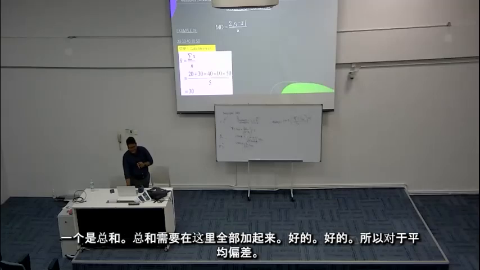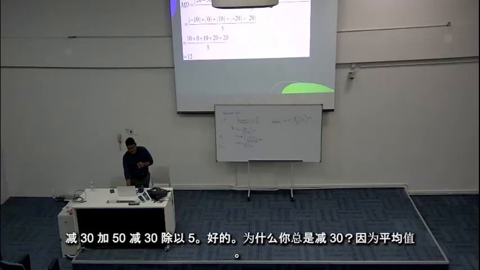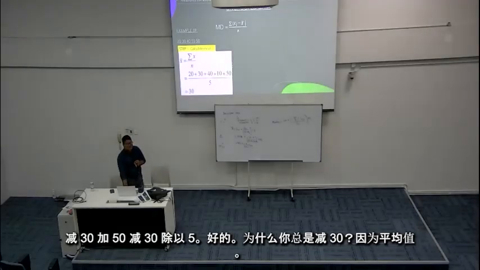But that is only the first part. Then there is a summation, so you need to add all of them. For the mean deviation, you need to find 20 minus 30, plus 30 minus 30, plus 40 minus 30, plus 10 minus 30, plus 50 minus 30, divided by 5. Why do you always minus 30? Because of the mean.